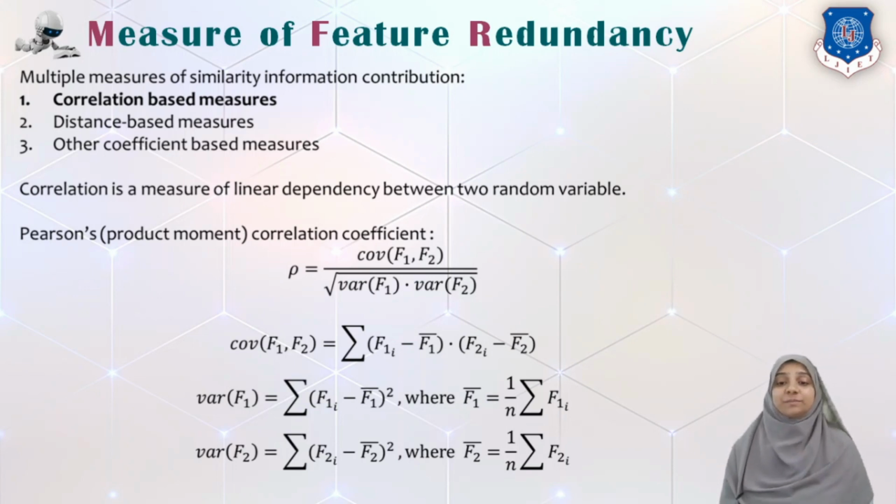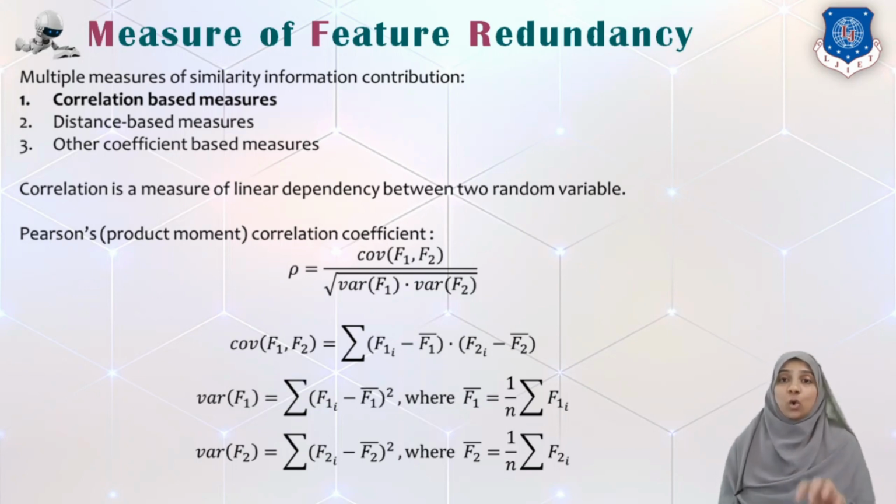So here we calculate something called Pearson's product moment correlation coefficient, or simply Pearson's correlation coefficient, which is given as rho of f1, f2, equal to covariance of feature 1, feature 2 divided by square root of variance of feature 1 into variance of feature 2, where covariance between feature 1 and feature 2 is calculated as summation of feature 1's value at particular data point i minus feature 1 mean, that is f1 of i minus f1 bar, multiplied with feature 2 at particular data point i minus mean of feature 2, that is f2 of i minus f2 bar.